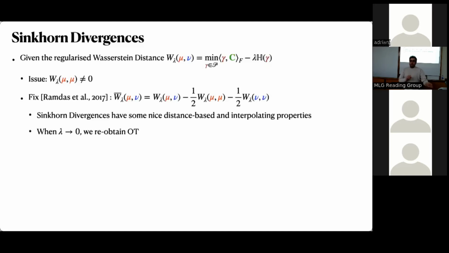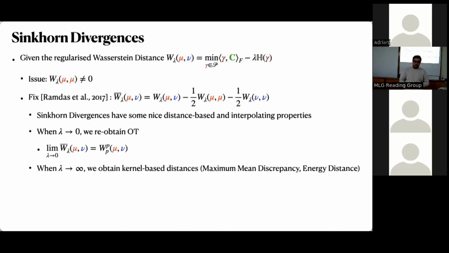So when you take lambda equals 0, so you start reducing the value of lambda to 0, you get closer and closer to the exact optimal transport solution. If you take lambda to infinity, what you end up obtaining is basically maximum mean discrepancy, which is another really common and popular integral probability metric for comparing distributions with non-overlapping supports.